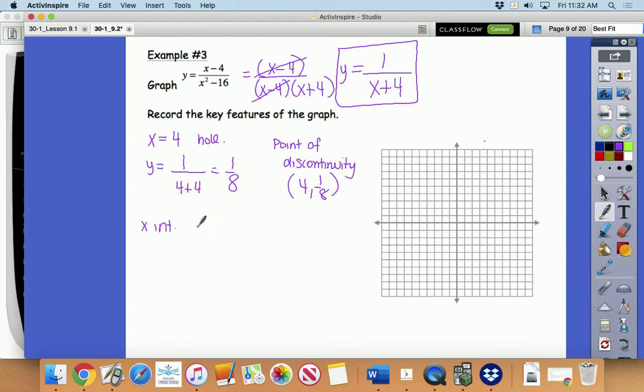If we make y equal to 0, we would bring this to the other side to make it 0 equals x minus 4. We would bring the 4 over, we would get x equals 4. But because this is where our hole is, that means we have none. We don't have an x-intercept. There are no x-intercepts because that is where the hole is actually going to occur.